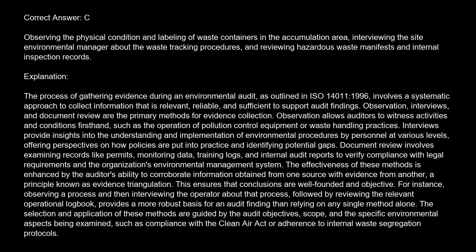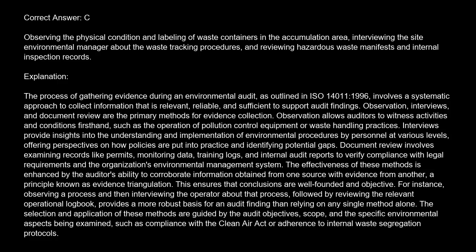Explanation. The process of gathering evidence during an environmental audit, as outlined in ISO 14011-1996, involves a systematic approach to collect information that is relevant, reliable, and sufficient to support audit findings. Observation, interviews, and document review are the primary methods for evidence collection. Observation allows auditors to witness activities and conditions firsthand, such as the operation of pollution control equipment or waste handling practices.